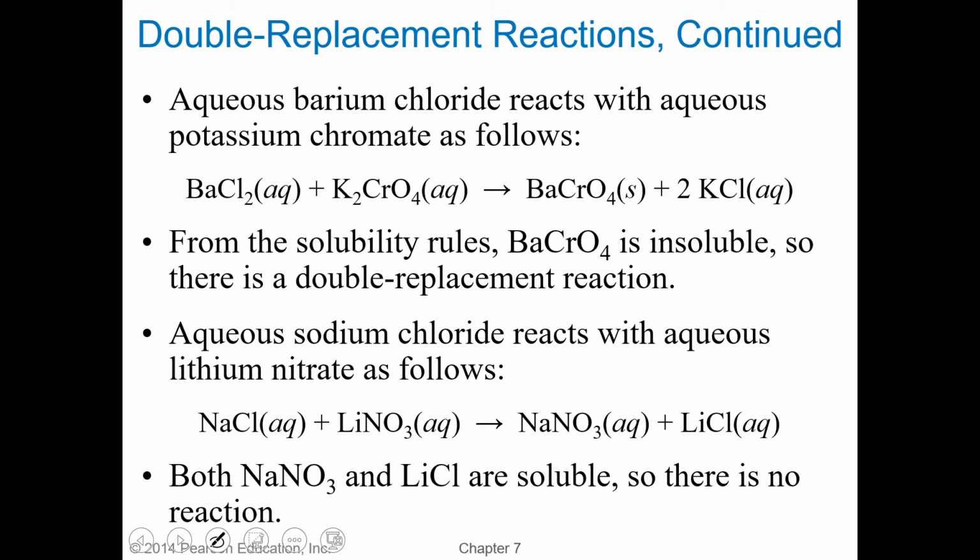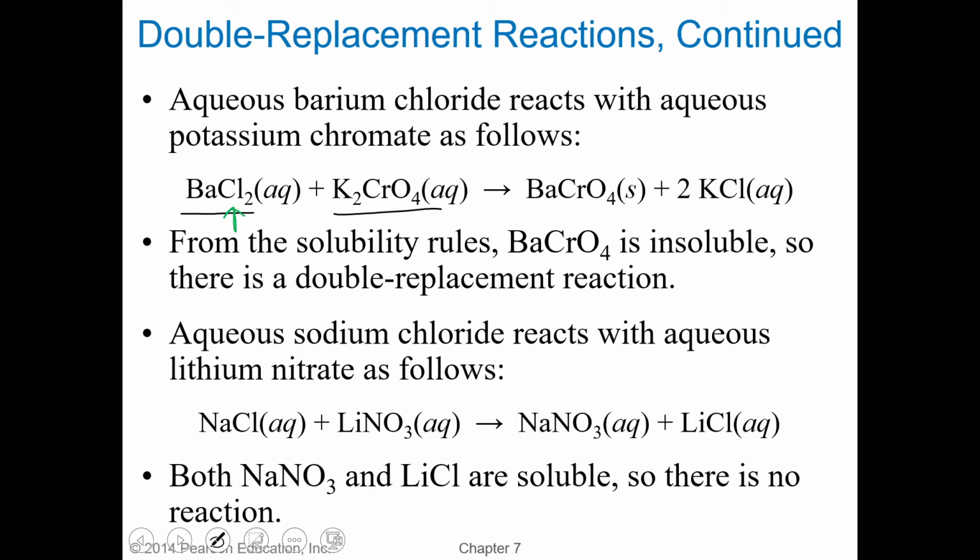So how do we figure it out? Well, what I always like to do is pretend as if the reaction did occur. Then I'm going to go to my solubility rules and see if a solid formed. So here are my reactants, and I look at chloride here, that is my halide ion rule.